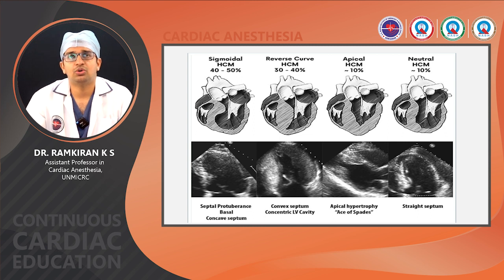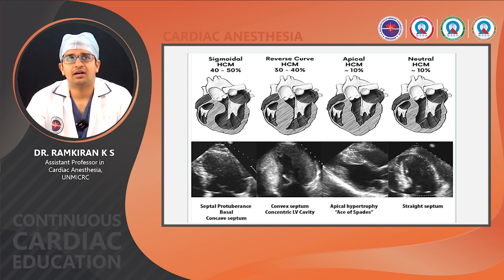management. So these are the various LV cavity types in HCM. The first one, the most common one, is the sigmoidal or reverse curve pattern. In the sigmoidal pattern, as you can see in the first picture, there is a septal protuberance at the basal level leading to a concave septum, whereas in reverse curve it is in the mid level leading to a convex septum.